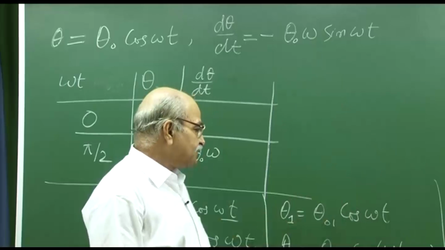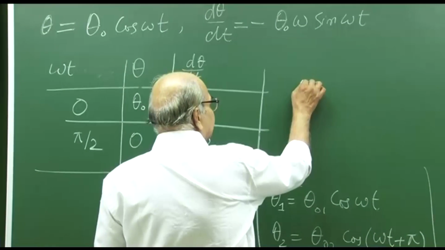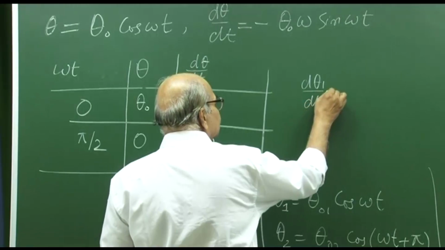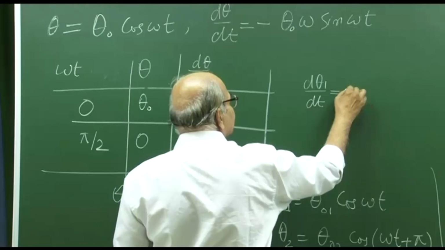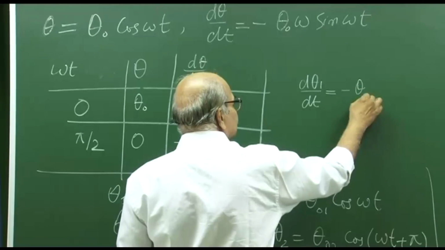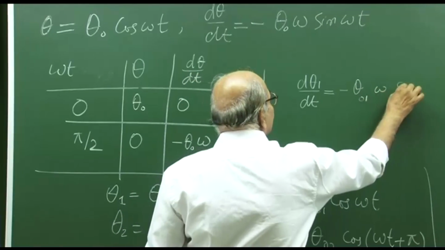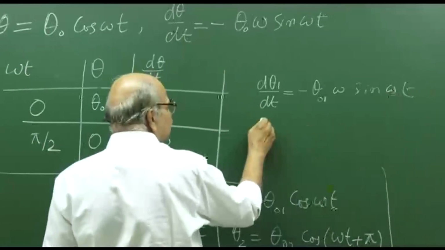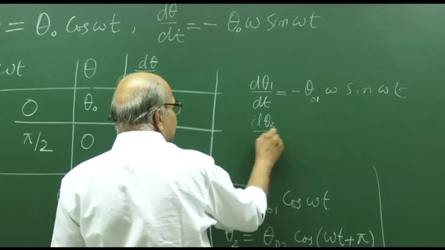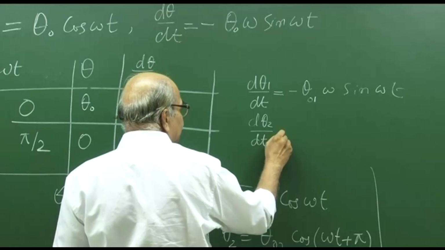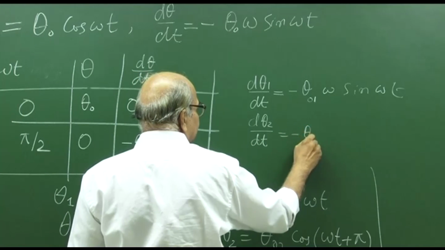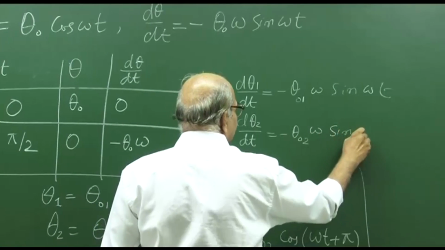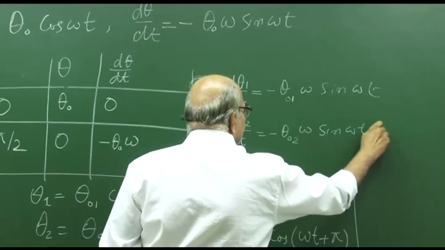So for the first one, the velocity is d theta 1 dt, that is minus theta naught 1 omega sin omega t, and for the second one, d theta 2 dt, it will be minus theta naught 2 omega sin of omega t plus pi.